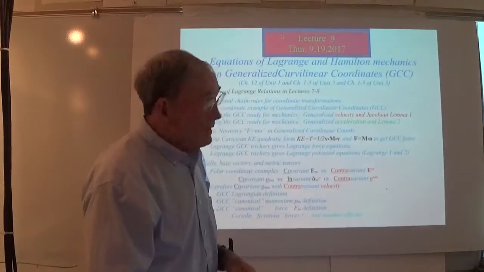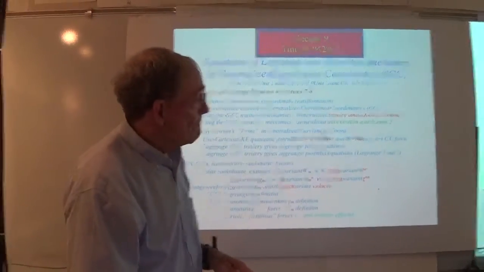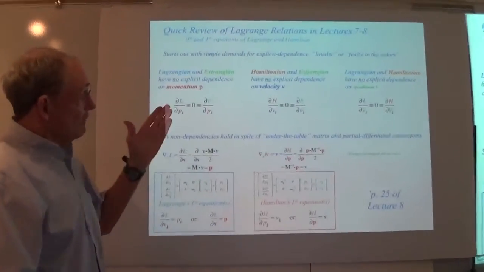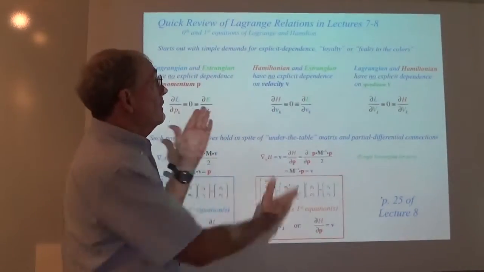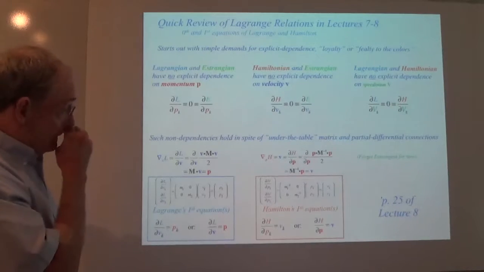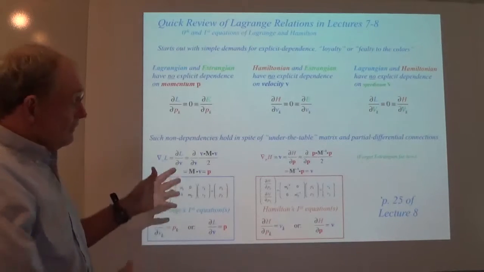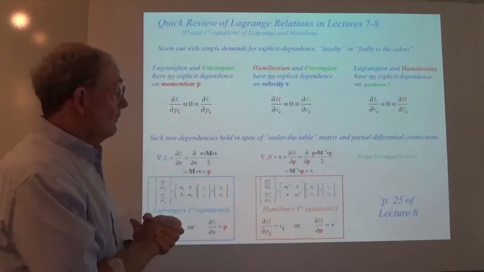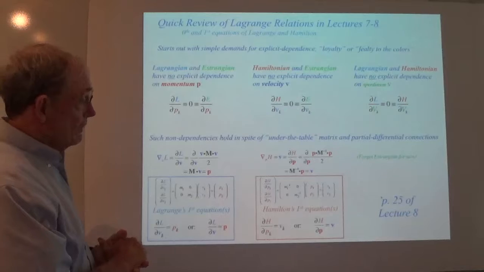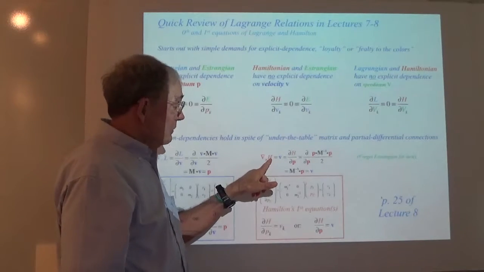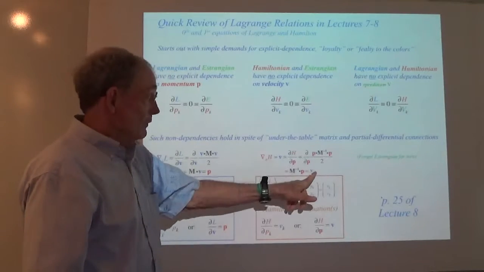So a little bit of review here, just to remind you that we have these really three choices, but we're focusing on two of them, Hamiltonian and Lagrangian. And in this case, there was no spatial dependence, only the momentum dependence of the Hamiltonian, which was equal to velocity.